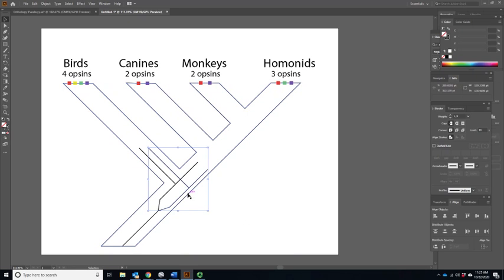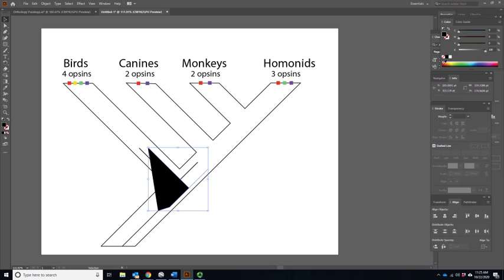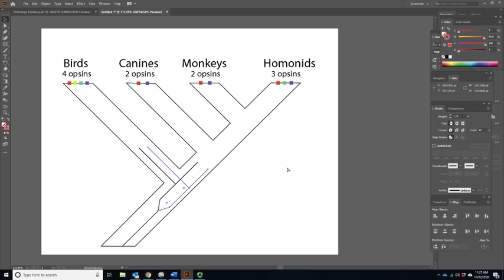So let's make 1 copy of these genes red. There we go. So we got the red ones, right? And then we'll do the green ones. And we'll just make the ancestral one green.